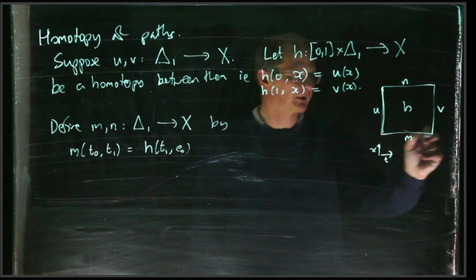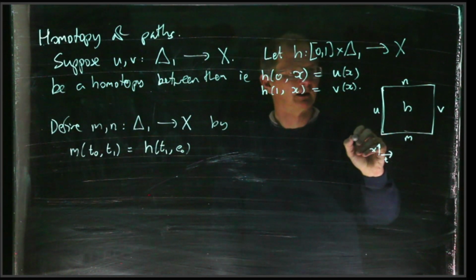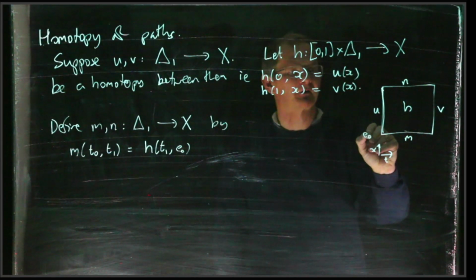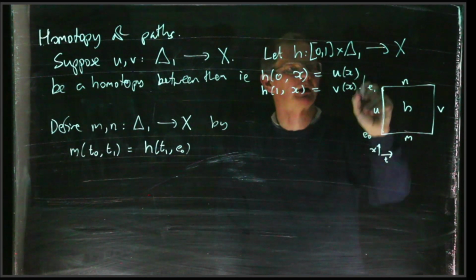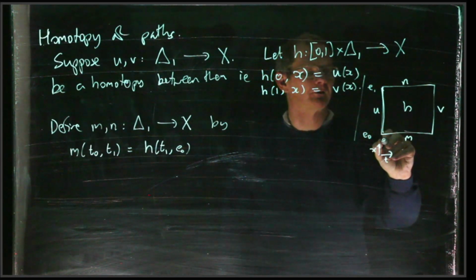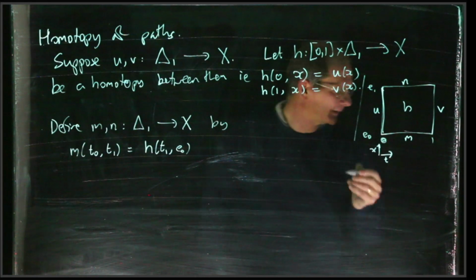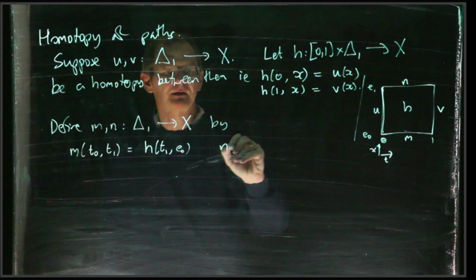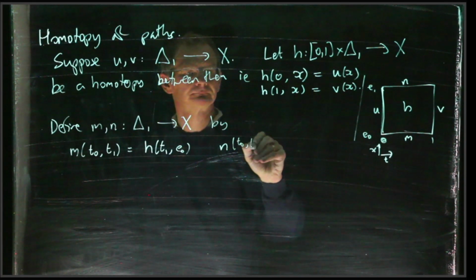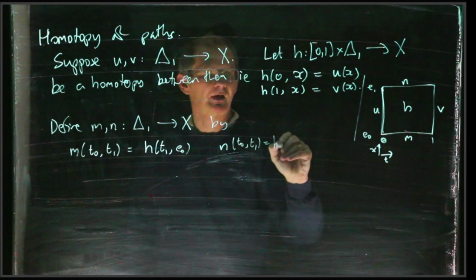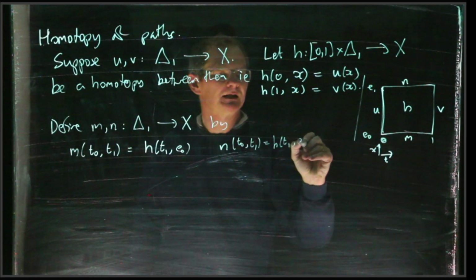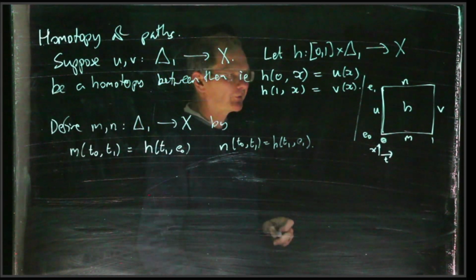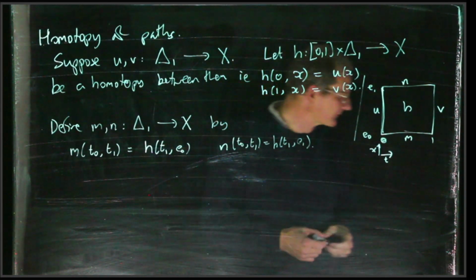That's what we get along the bottom here. This vertical direction is supposed to be the one simplex, going from e0 to e1, whereas this is the unit interval going from 0 to 1. And similarly, n of (t0, t1) is just h of t1, e1. So we've got these four paths appearing in this picture.